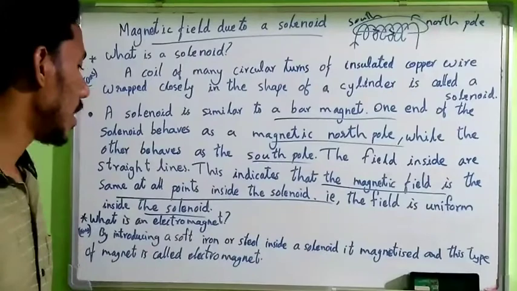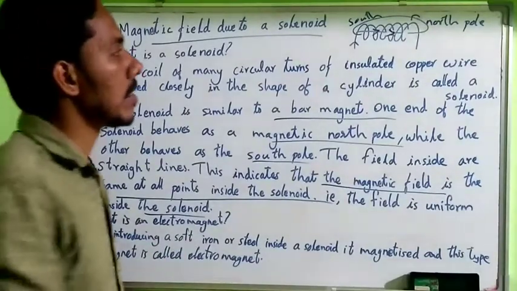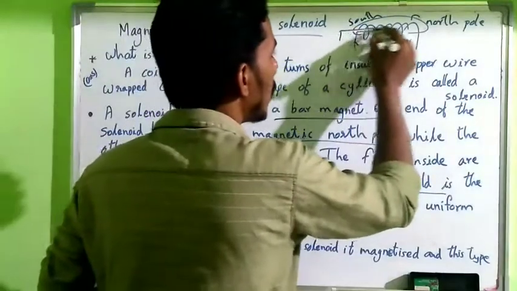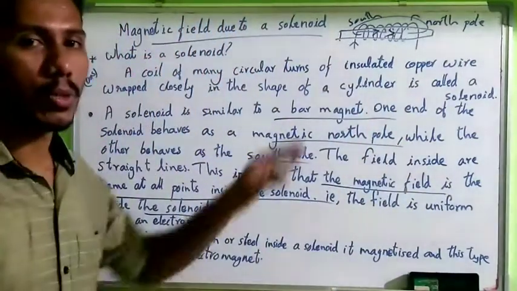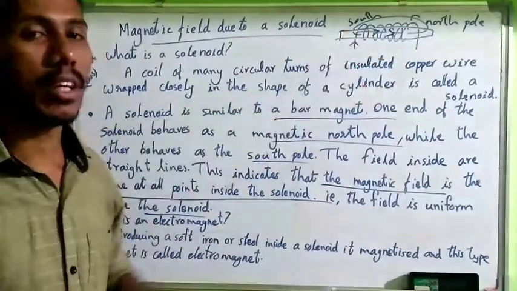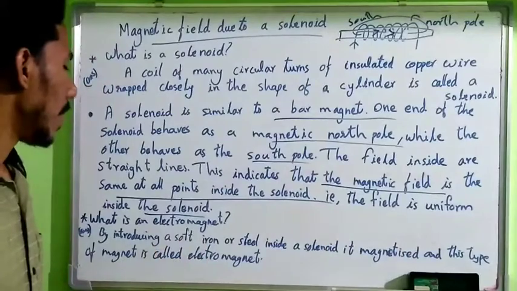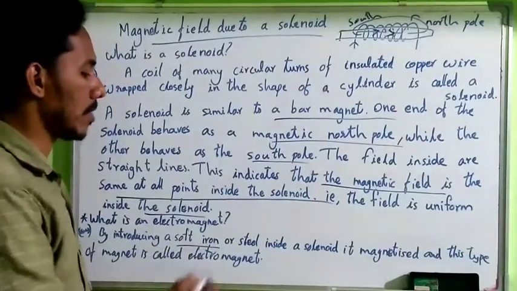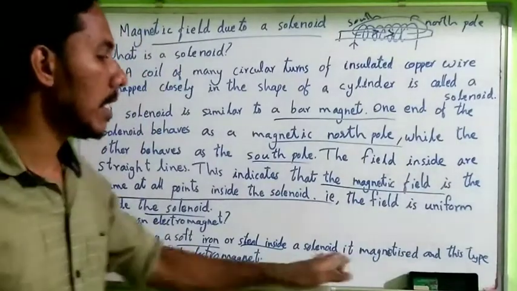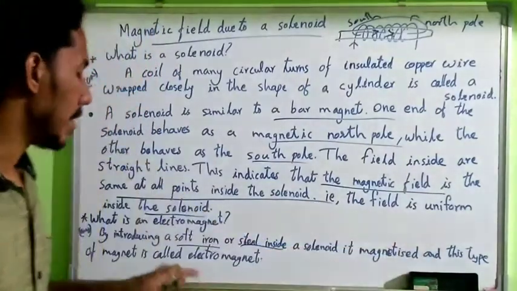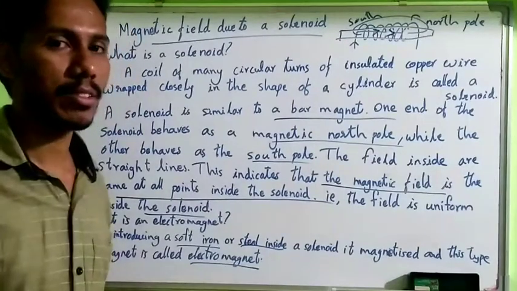The next one, what is an electromagnet? If you place iron or steel inside the solenoid, then it is converted into an electromagnet. By introducing soft iron or steel inside the solenoid, it gets magnetized, and this type of magnet is called an electromagnet.